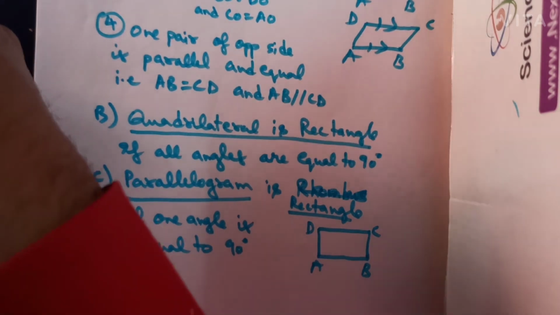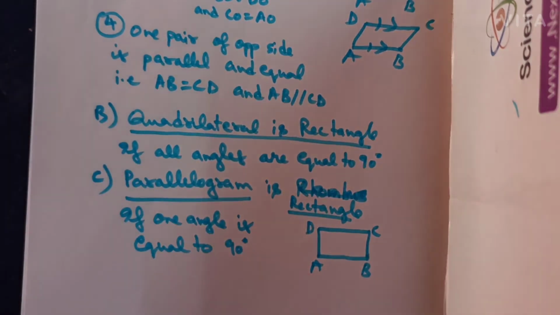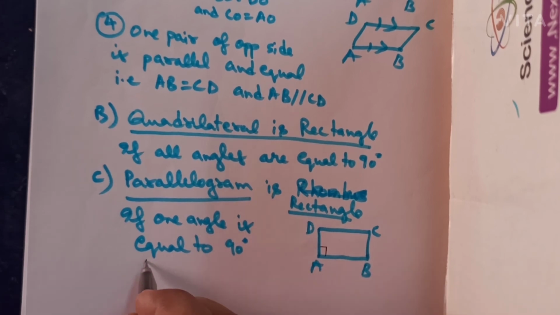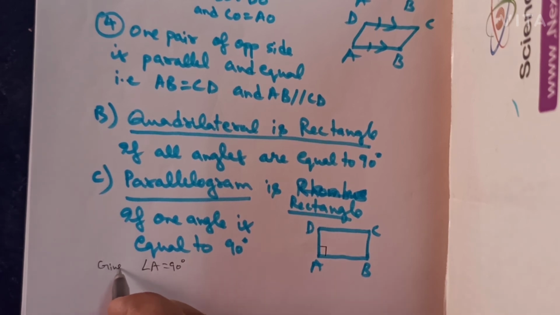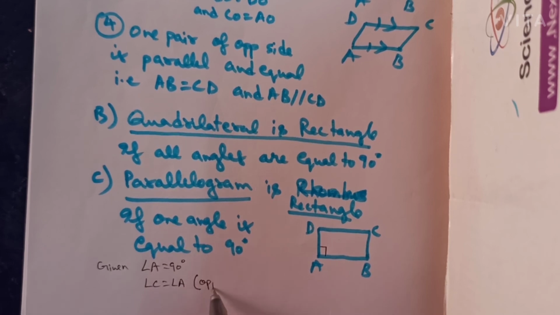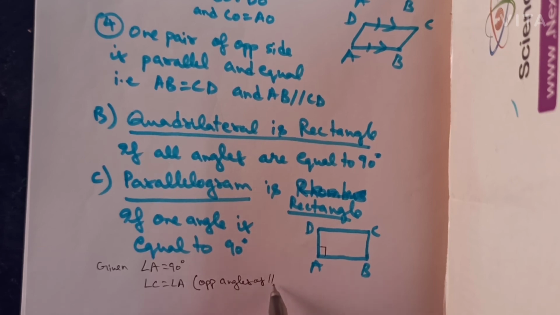So look, in case of a parallelogram, let's say angle A is equal to 90 degrees. Then angle C will be equal to angle A, because opposite angles of a parallelogram are equal. So angle C will also be 90.